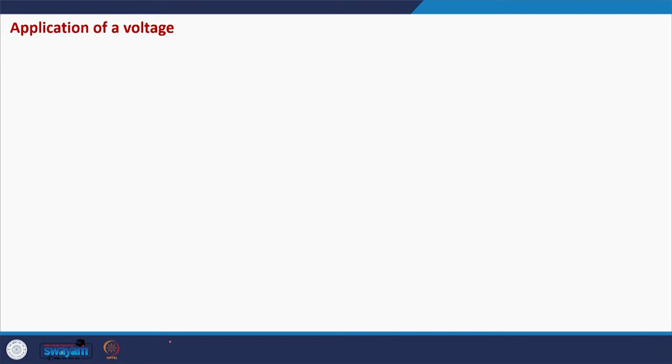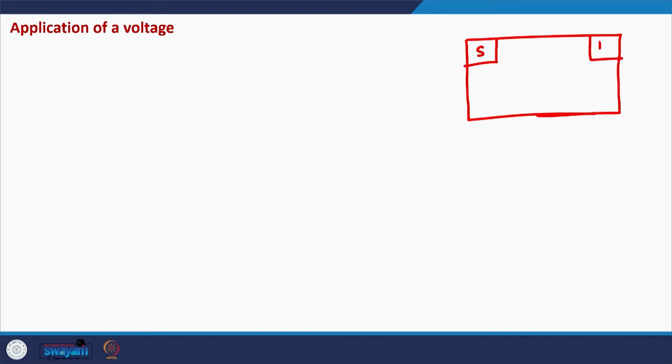So finally we have a device like this. Very simplistically, we have source, we have drain, we have oxide, and we have the gate terminal. And for the equilibrium band diagram, we just plot the conduction band minima.